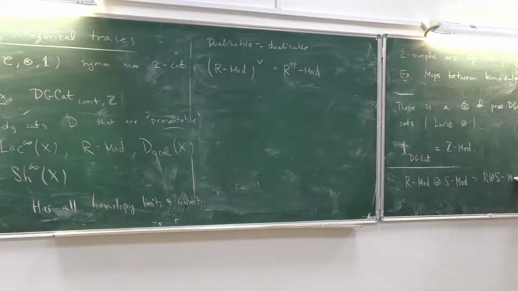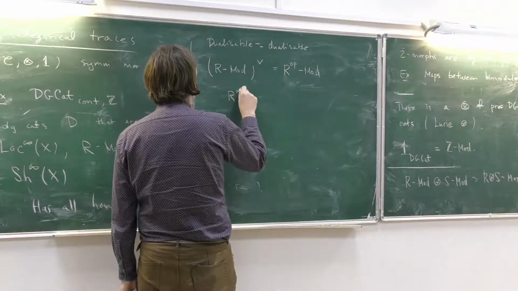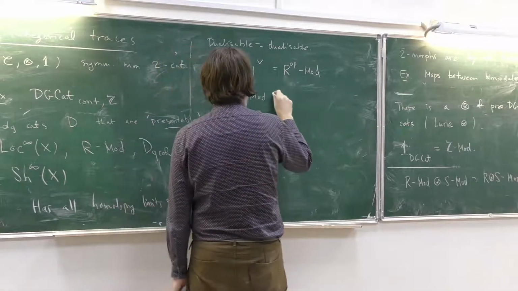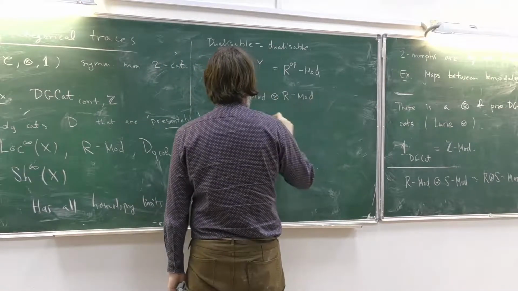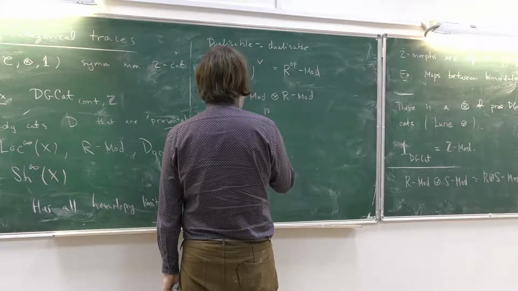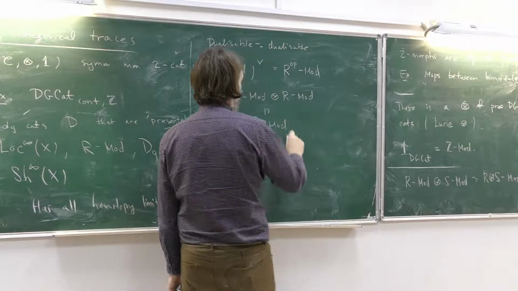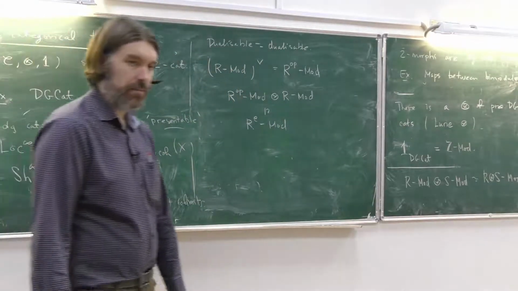So now, if I tensor together R op and R mod, this is RE mod, RE being R op tensor R. It's the algebra whose modules are bimodules.